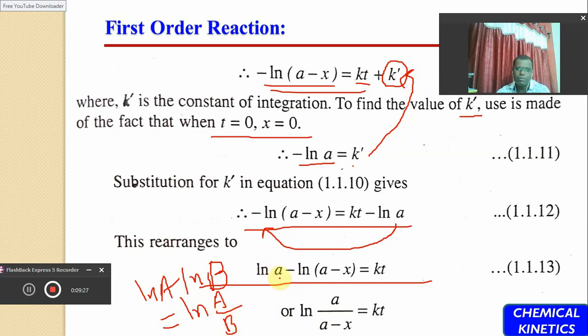So ln of a minus ln of (a minus x), where a is treated as capital A and (a minus x) as b, simplifies to ln of a upon (a minus x) is equal to k into t.